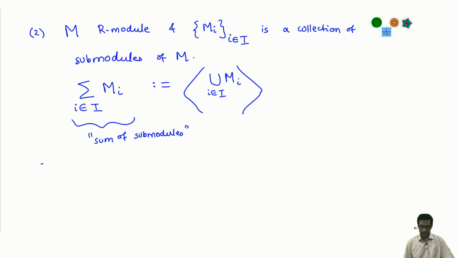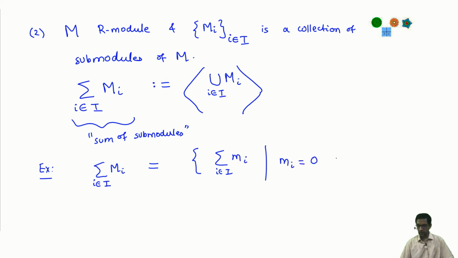So here's a little exercise. Show that the elements of the sum look like the following, or prove the following equality: that the sum of the Mi comprises precisely the set of elements of the following kind. They look like finite sums, over i belonging to I, but I want the sum to be finite.